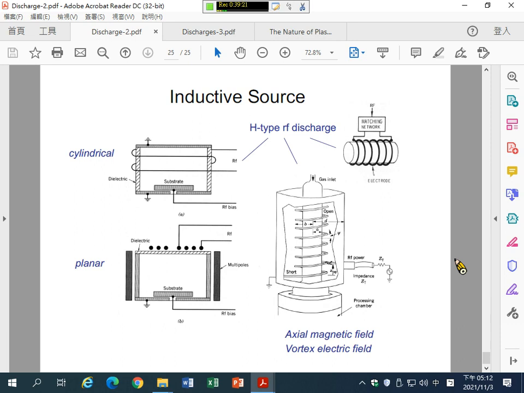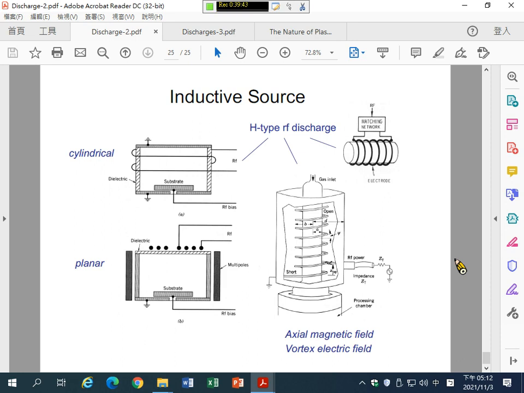So in the upper left figure, you can use a quartz tube with a cylindrical shape as a chamber wall. So here is the chamber wall, and the quartz is an insulator.